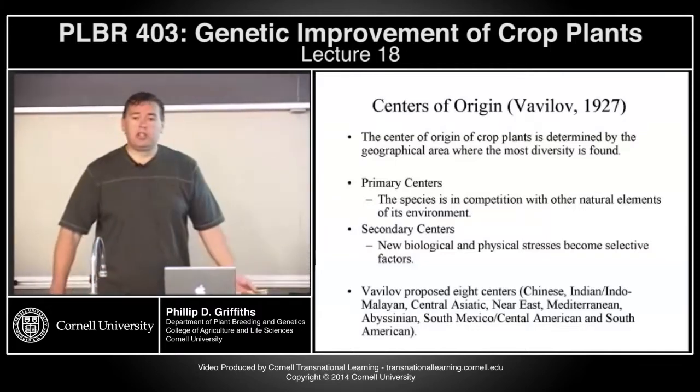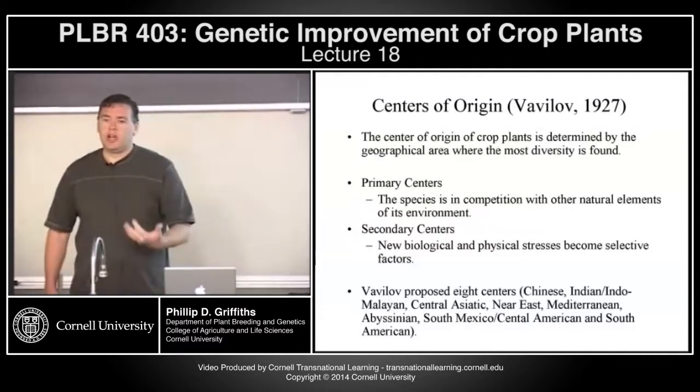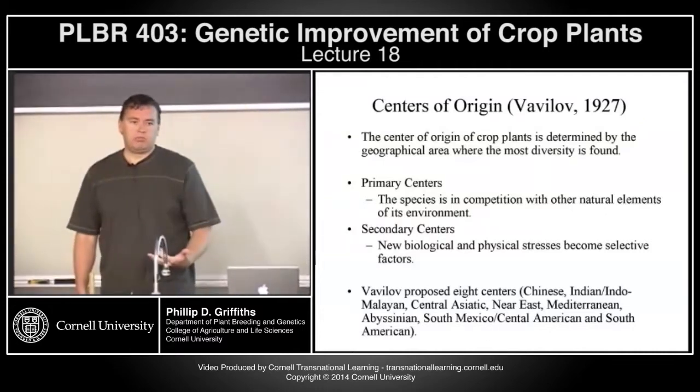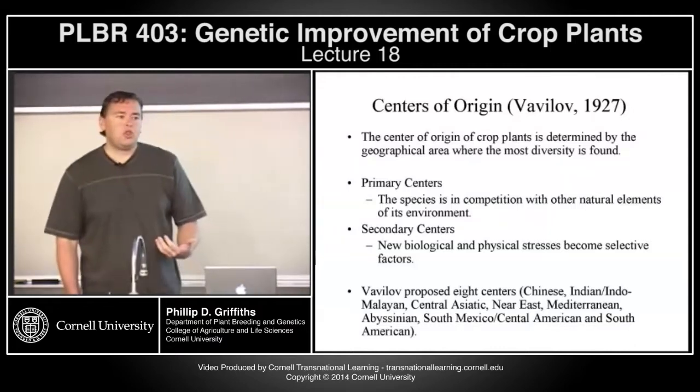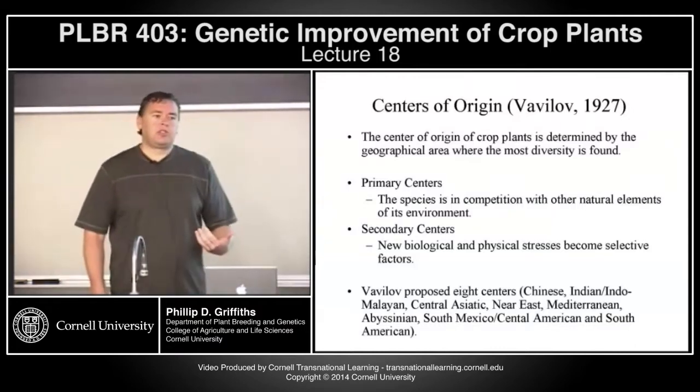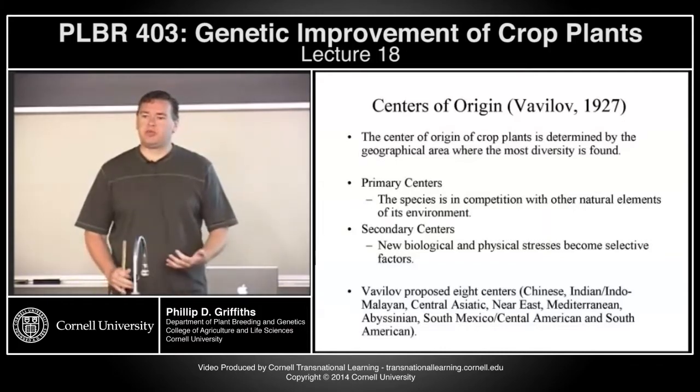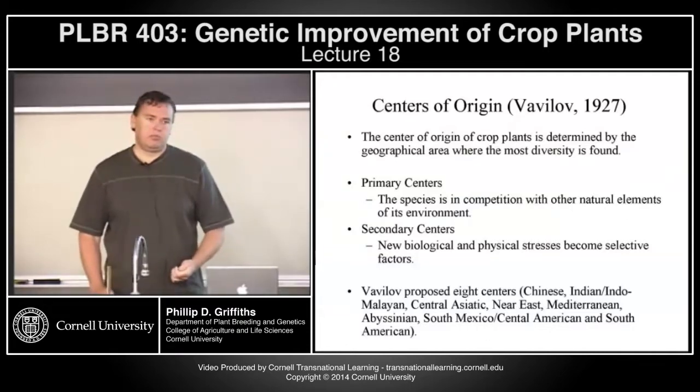But when we're going to look for diverse materials that we can work with, we oftentimes go back to areas where you basically have the origin of that crop species.